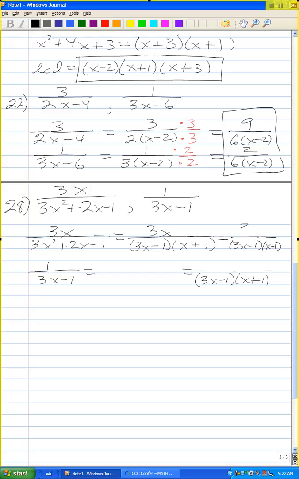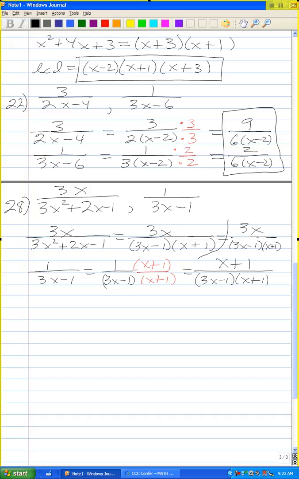You already have a common denominator, so you don't have to do anything for the first one. For the second one, I have to multiply and divide by x plus 1. 1 times x plus 1 is just x plus 1.